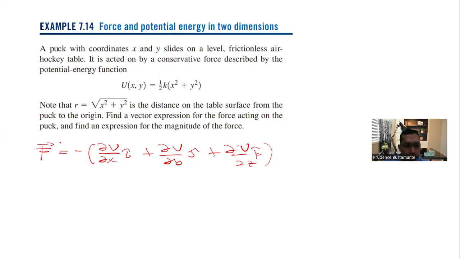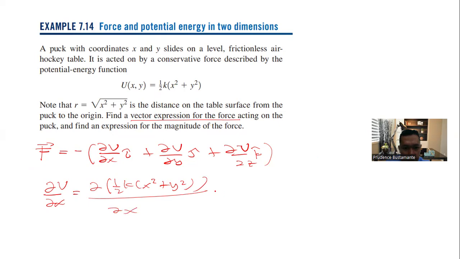Okay, to get the vector expression for the force, we'll use this formula. First, you will find the partial of U over partial of x. So U is 1/2 k (x squared plus y squared) over partial of x.